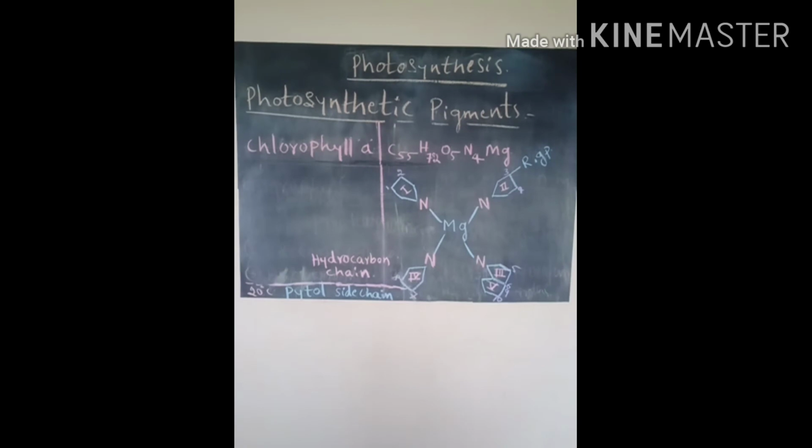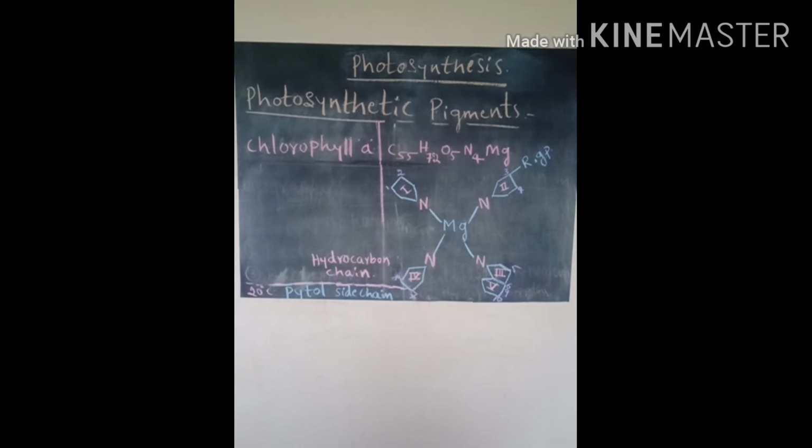The structure of chlorophyll molecule includes the head and tail part. The head part consists of 1 to 4 chiral rings and the 5th cyclopentanone ring. So usually the head part includes totally 5 rings, in that 1 to 4th rings are called chiral rings and the 5th ring is called cyclopentanone ring.